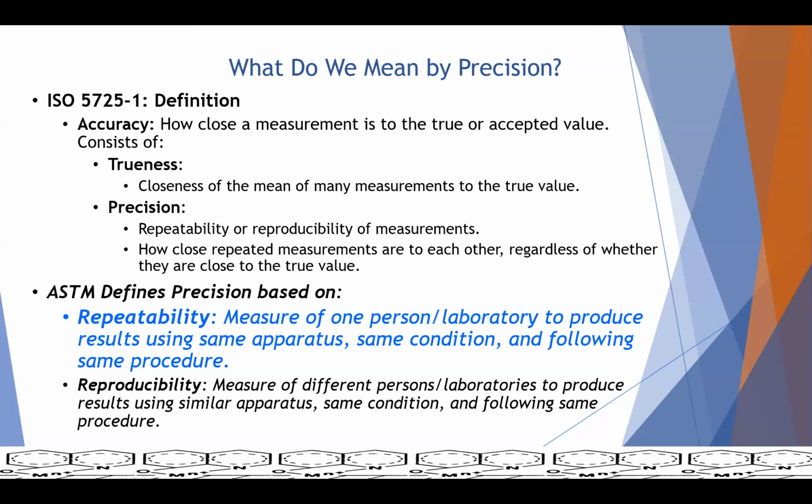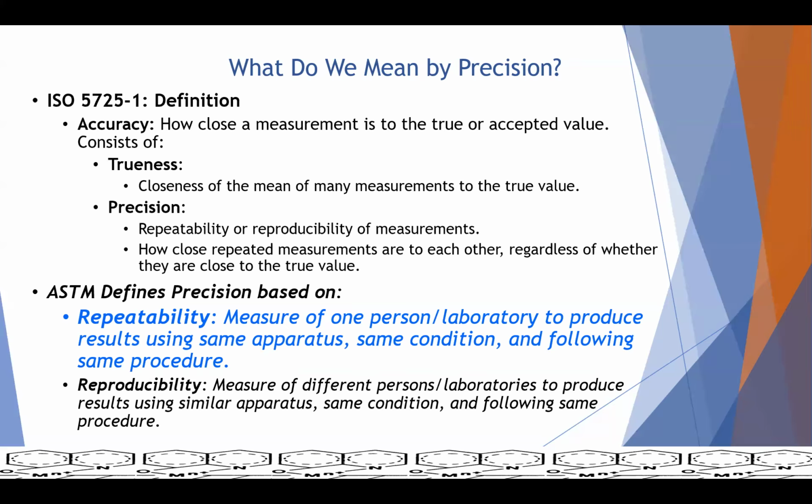So you might ask, what's the difference between ISO and ASTM? ISO defines accuracy, which is trueness times precision. ASTM defines precision. However, ASTM also in their standard defines what is known as bias. Bias is closer to the trueness.